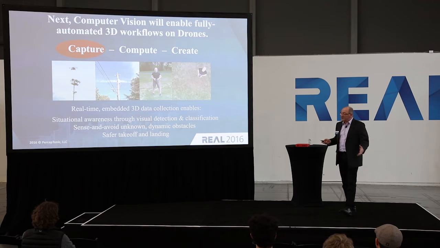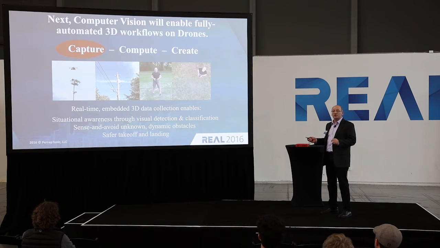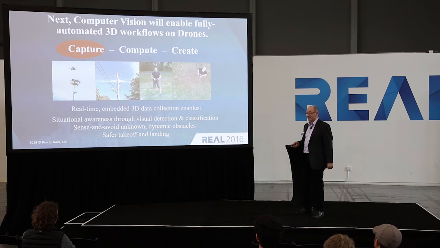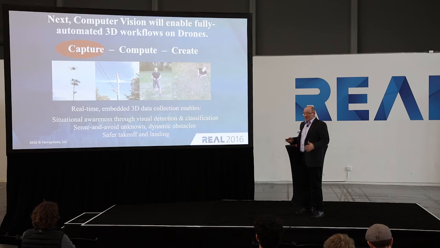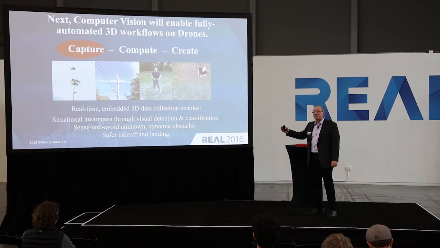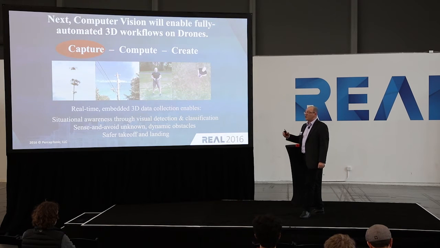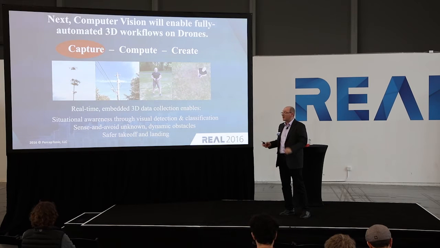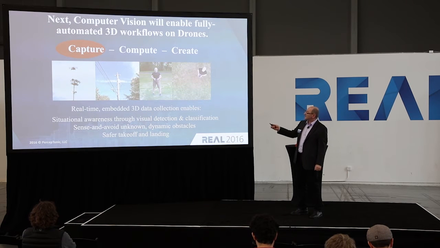What we mean is, what if you could bring computer vision to drones so that they were smarter about what they were doing? We are basically talking about adding intelligence and situational awareness to these data collection machines. For instance, when a drone goes out to take images of a structure it's inspecting, it can be more aware of the scene and of the real world conditions that are out there. It can start sensing obstacles.